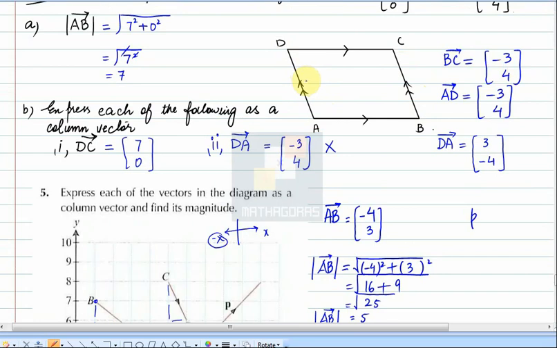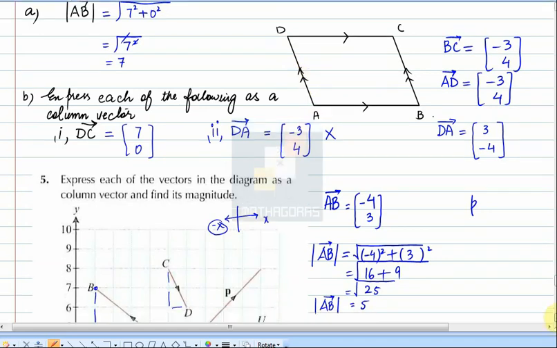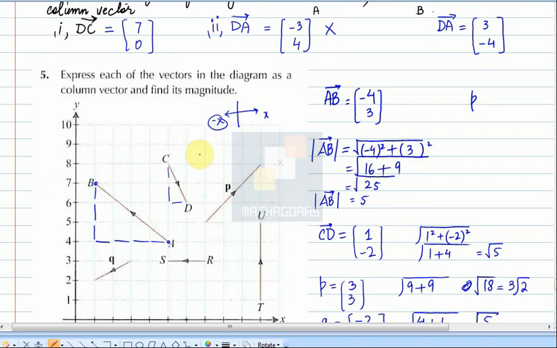So you should be very careful when dealing with vectors, because in vectors direction is very important, right? If you are moving from A to D and from D to A, they are not equal, they differ in signs. That is very important. After that, we discussed how we find the column vectors from the graph, right?